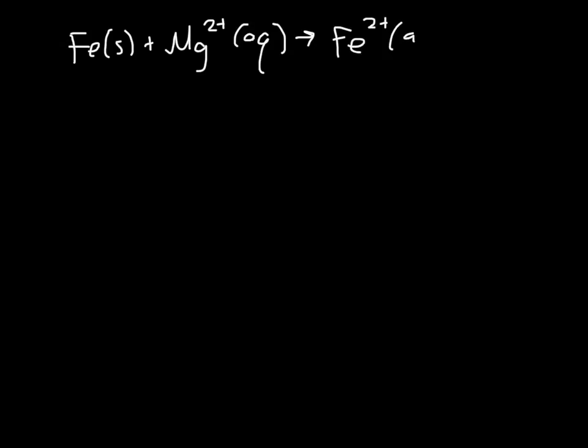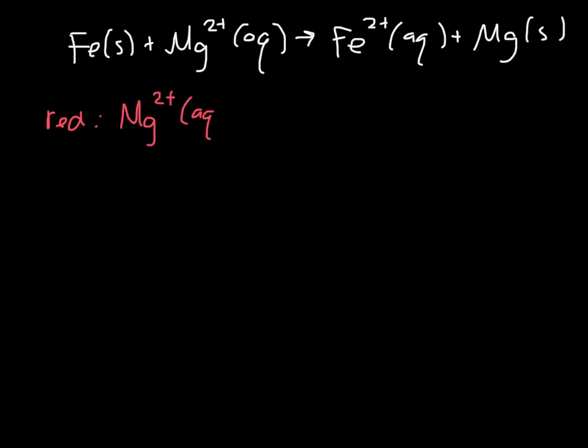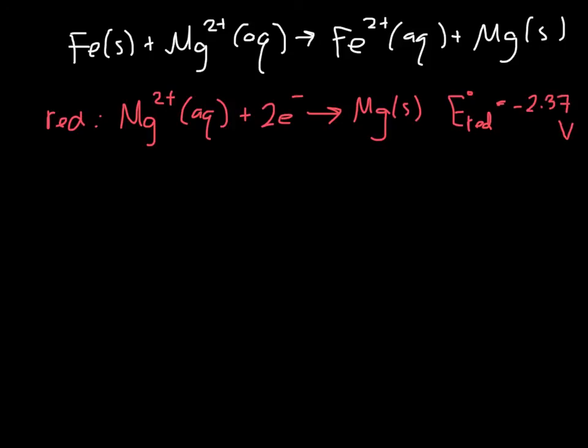Okay, so let's look at the reaction iron solid plus magnesium 2 plus going to iron 2 plus plus magnesium. For the reduction reaction here, we have Mg2+ going to Mg solid. And in the table, we can find that the potential for this is negative 2.37 volts.